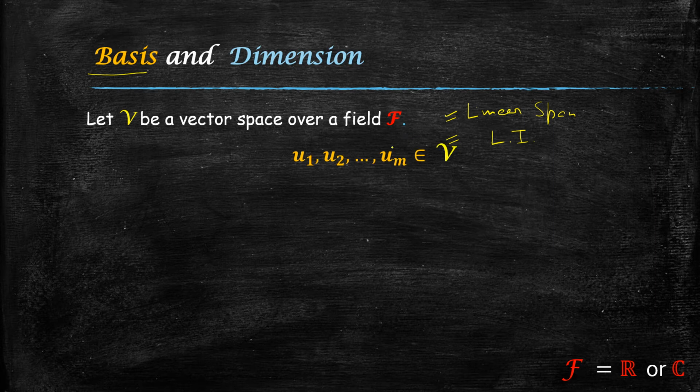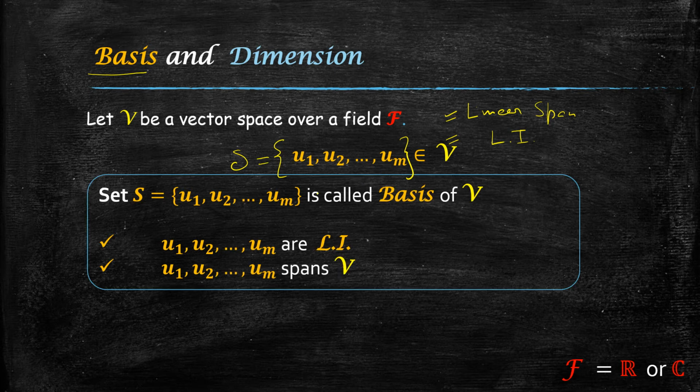Let u1, u2, ..., um be vectors belonging to V. Let S be the set of vectors containing u1, u2, ..., um. So this set S is called a basis of V if, number 1, u1, u2, ..., um are linearly independent, or I can say that set S is linearly independent.